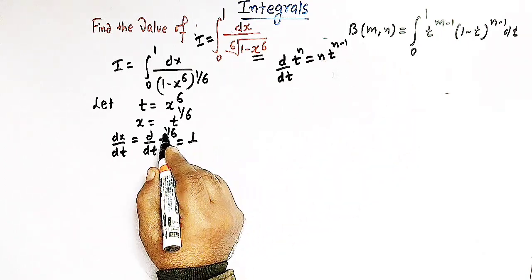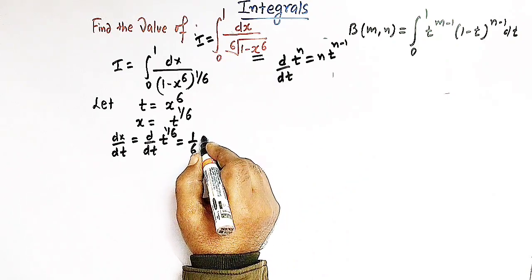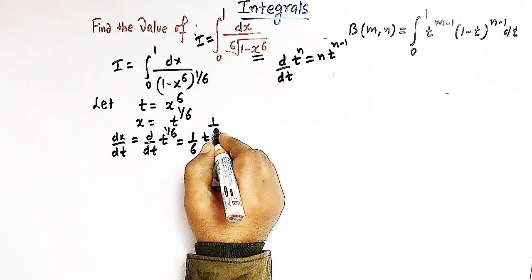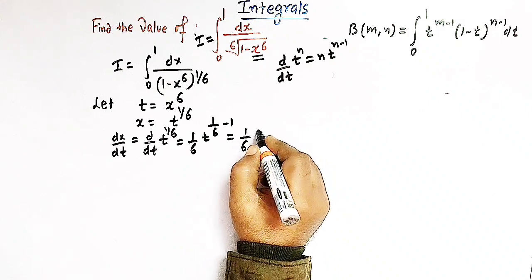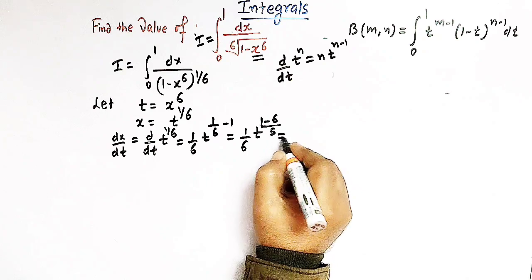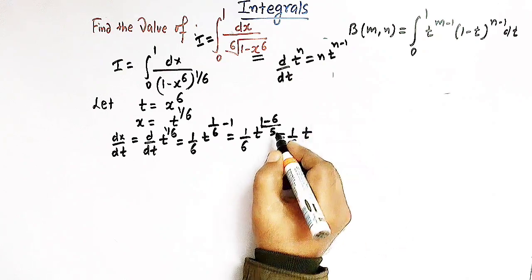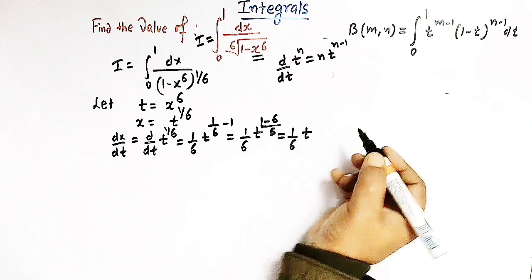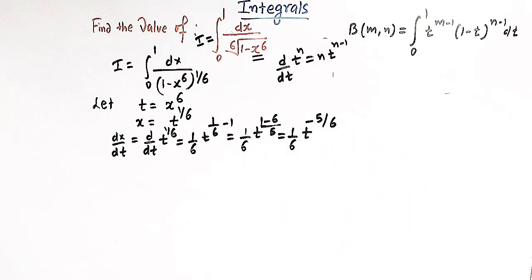So we have n is equal to 1 over 6. So we have 1 over 6, then t raised to 1 over 6 minus 1. So we have 1 over 6, and t raised to 1 minus 6 over 6, that is 1 over 6 t raised to minus 5 over 6.